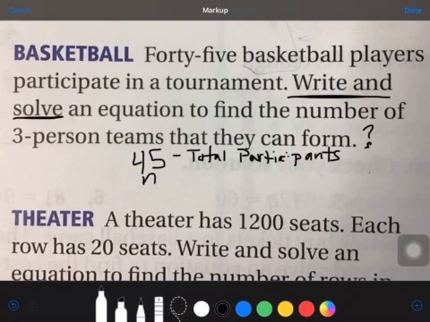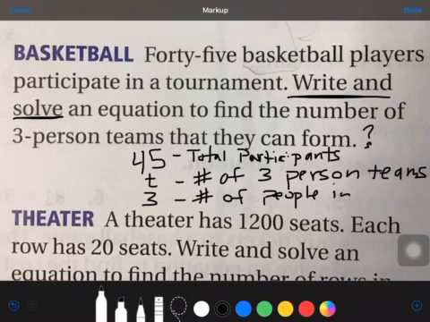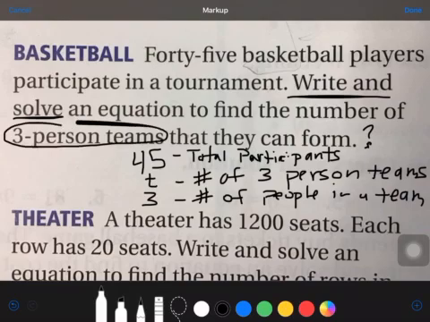I'm going to say n, actually I'm going to use t, number of 3-person teams. And then I have my 3, and that is the number of people in a team. So I've got the number of 3-person teams.